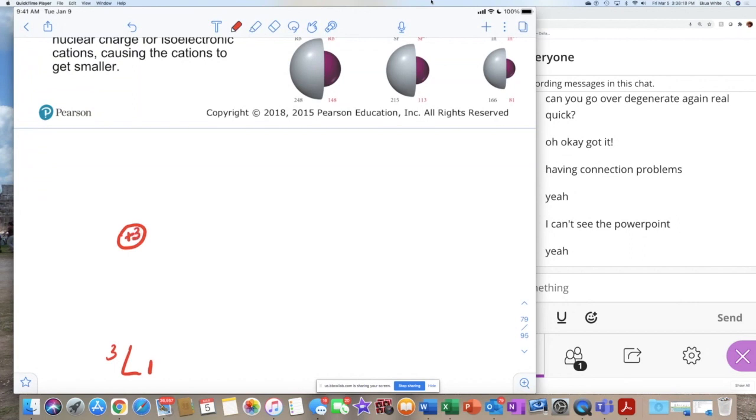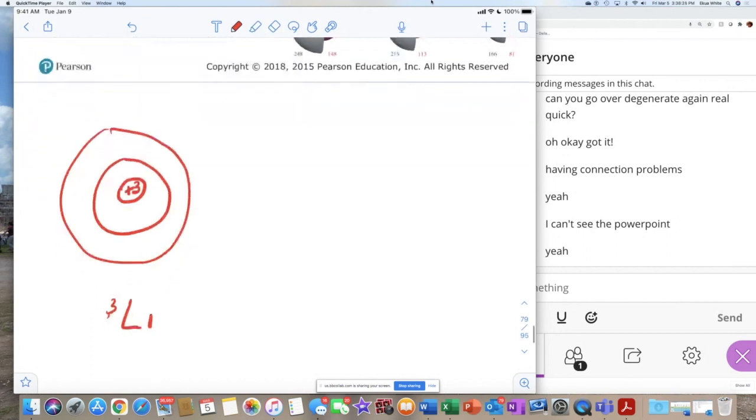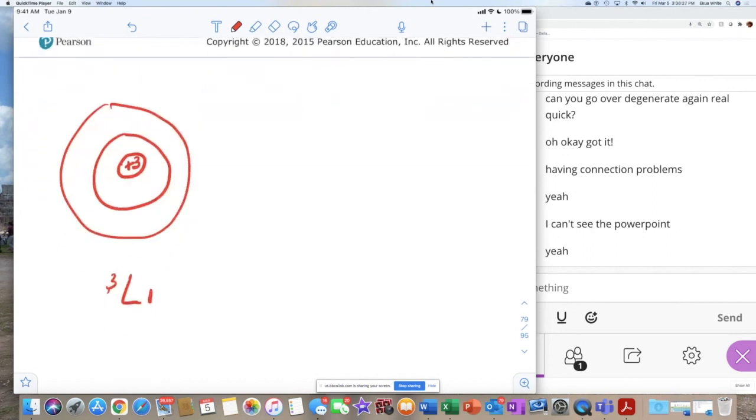It has a plus 3 charge because of the atomic number 3. I need 2 energy levels, 1 and 2. The picture on the left is the lithium atom. I have my 2 electrons here in the middle because energy level 1 can only handle 2 electrons. Energy level 2 can handle up to 8 electrons. But we have the first 2 here, and the third one right here.